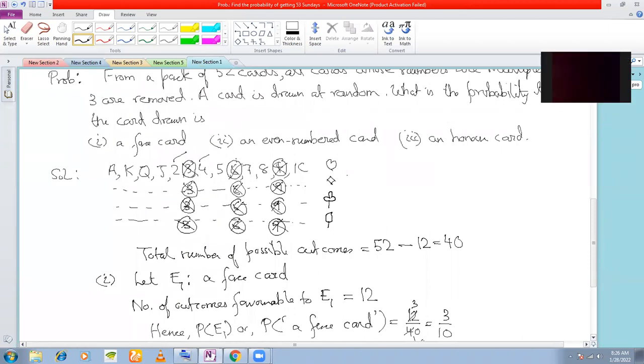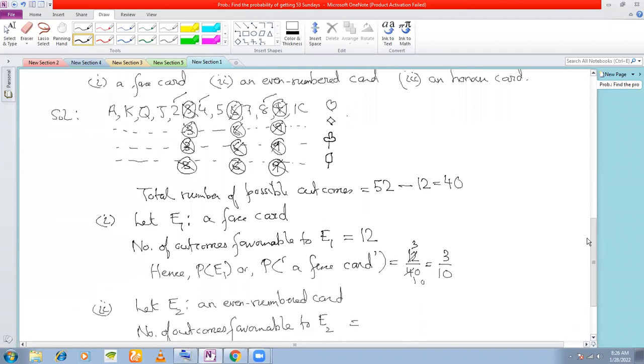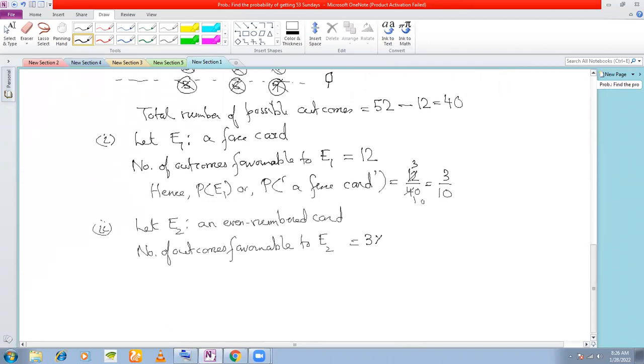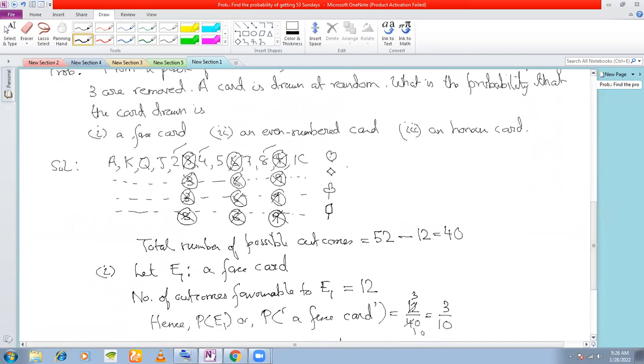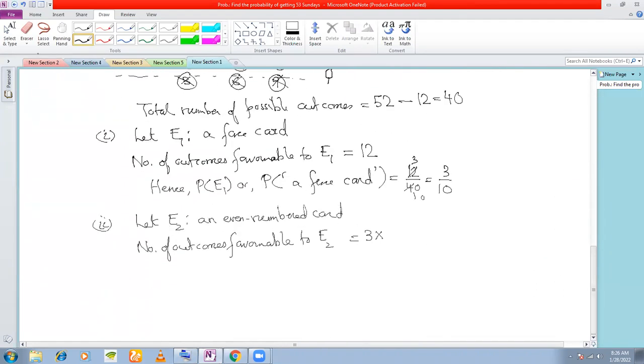You have 2, 4, 6, and 8, and 10 is also there. So I have 4 even numbered cards in each suit, and because there are 4 suits, there will be a total of 16 even numbered cards, right?